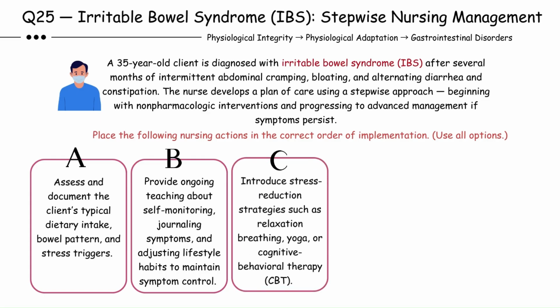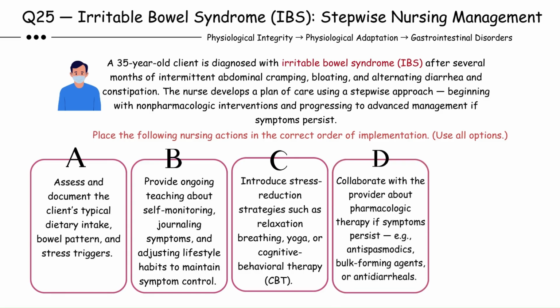Option C. Introduce stress reduction strategies such as relaxation breathing, yoga, or cognitive behavioral therapy. Option D. Collaborate with the provider about pharmacologic therapy if symptoms persist, for example, antispasmodics, bulk-forming agents, or antidiarrheals.